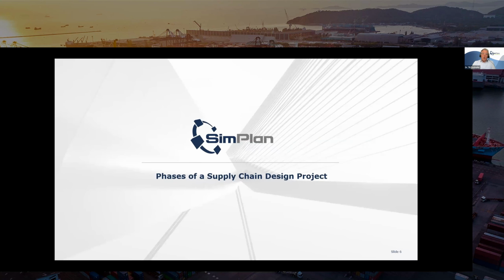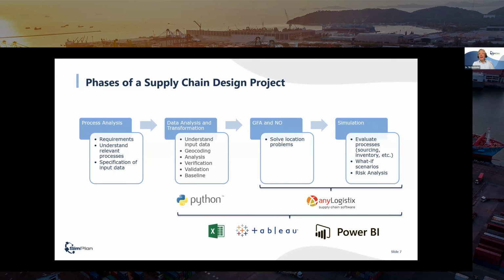Okay, let's go on. Ryan mentioned that I will show you our experiences in supply chain design projects, and usually we follow the phases you see here on the screen.